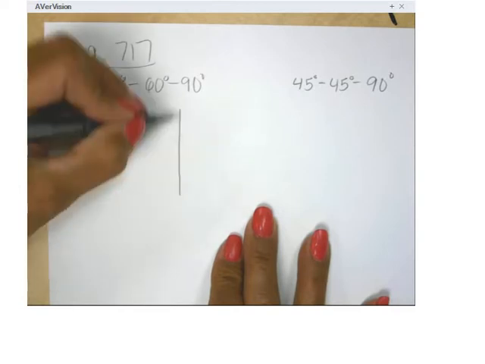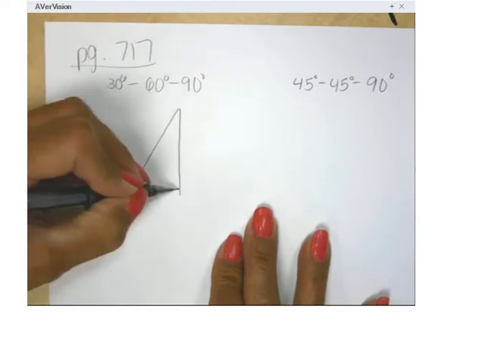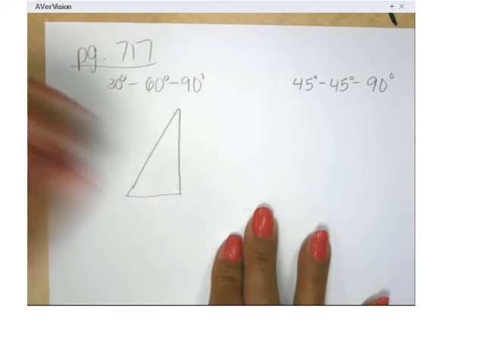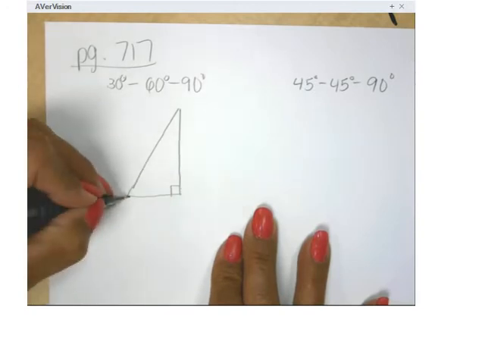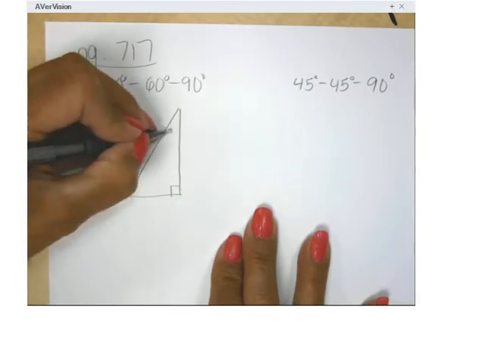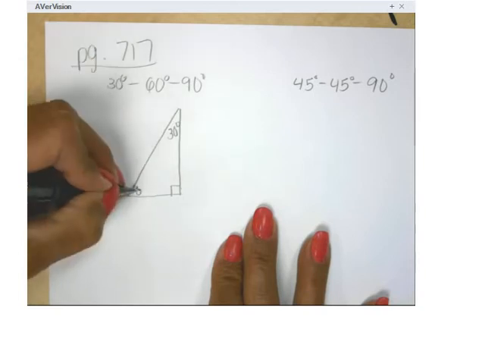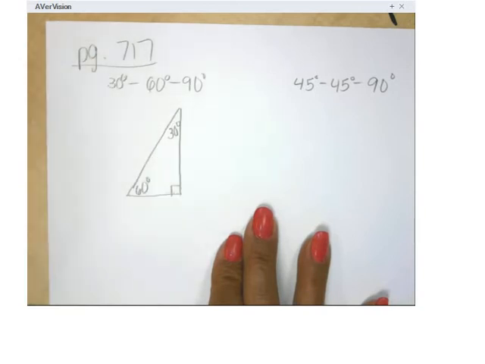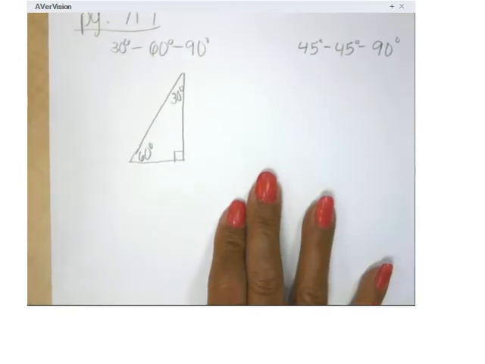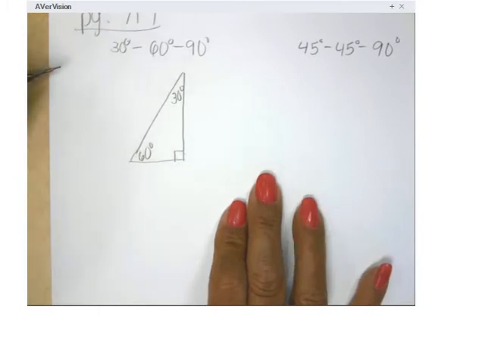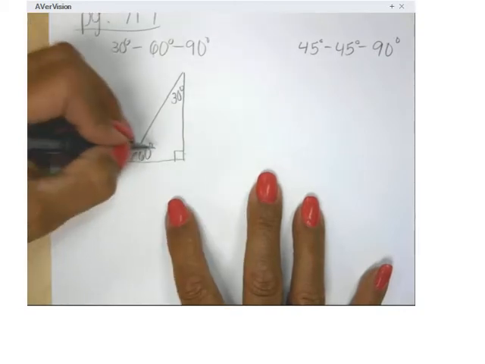If we have a 30, 60, 90 triangle, we can prove, and I'll probably do it in class, that if I have a triangle like this, and I measure it and I get this to be 30 degrees, and I get this to be 60 degrees, and obviously that's going to be the 90 degrees, there is a special relationship that you dealt with in geometry that we want to review.